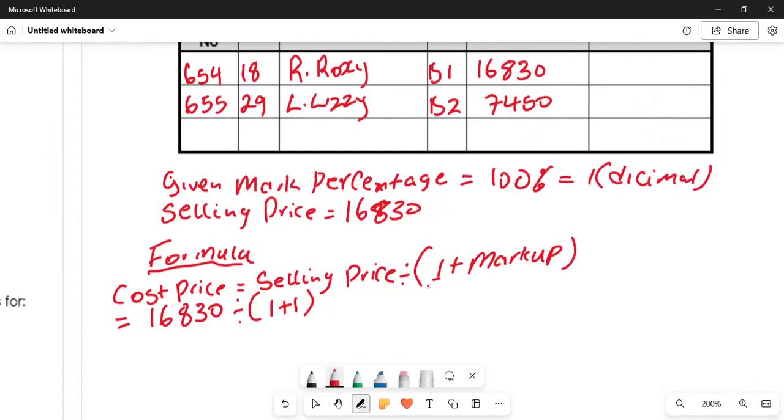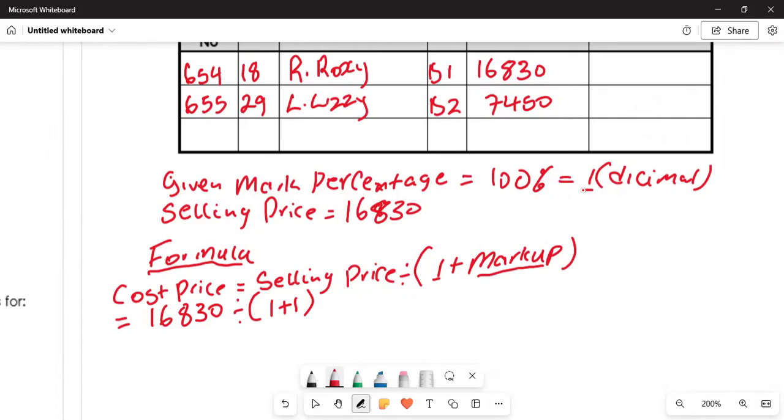Take note of that. The other 1 is the markup, which we converted into a decimal. So when you add 1 plus 1, it is going to give 2.